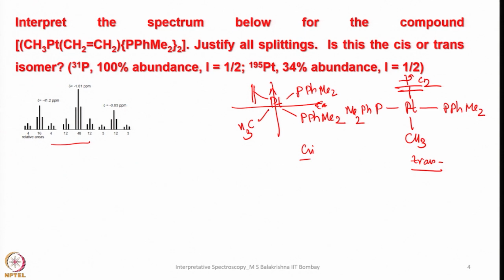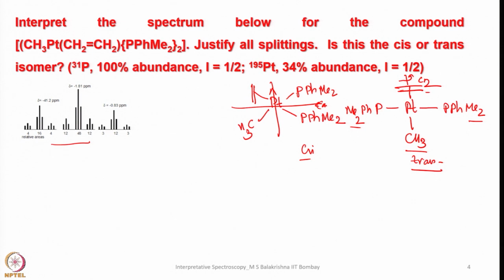The other option left is now 1H NMR. If we take 1H NMR, we can identify 3 different types of environments apart from the phenyl region. One is the ethylene CH2, then CH3 is there, and the methyl groups on phosphorus. If we exclude the phenyl region, we will come across 3 different types of environments.